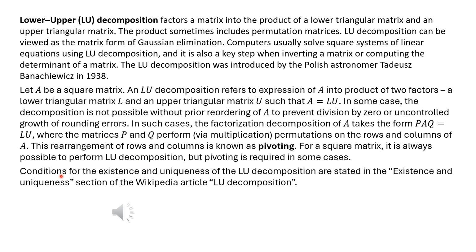There are some conditions for the existence and uniqueness of LU decomposition, and I'll refer you to the existence and uniqueness section of the Wikipedia article on LU decomposition if you're interested in this particular topic. In the next two slides, I want to do an example just to give you a feel for what's involved here.